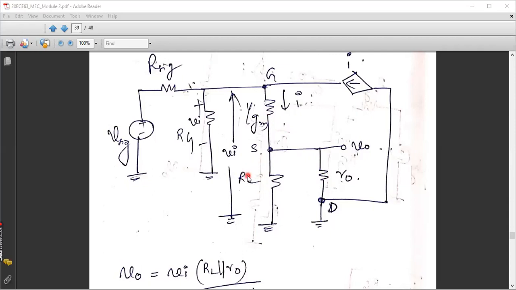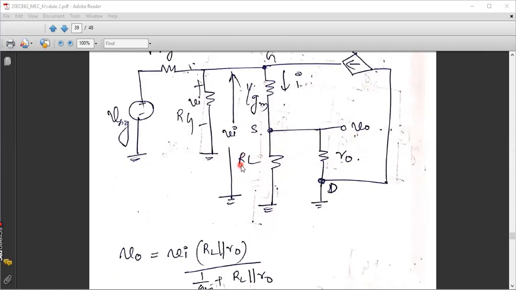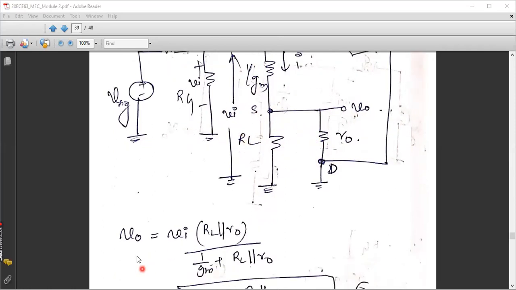So again, we can relate the equation between V0 and Vi, because Vi is the overall input coming across the gate and ground, whereas V0 is a partial voltage taken across this network, that is RL parallel R0.